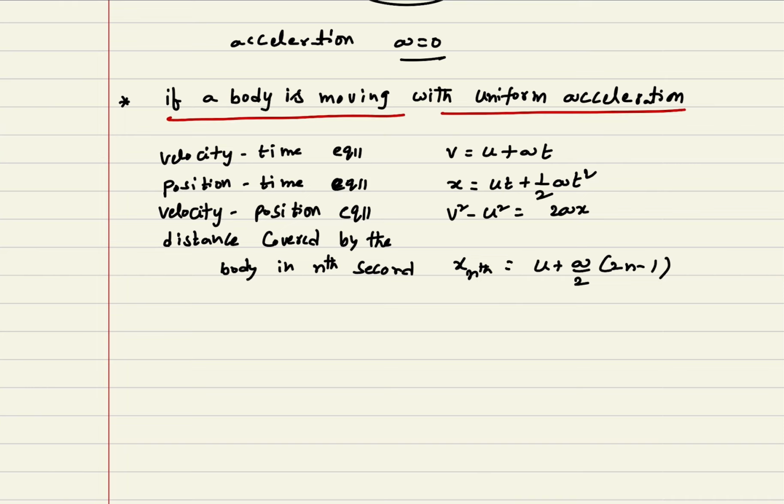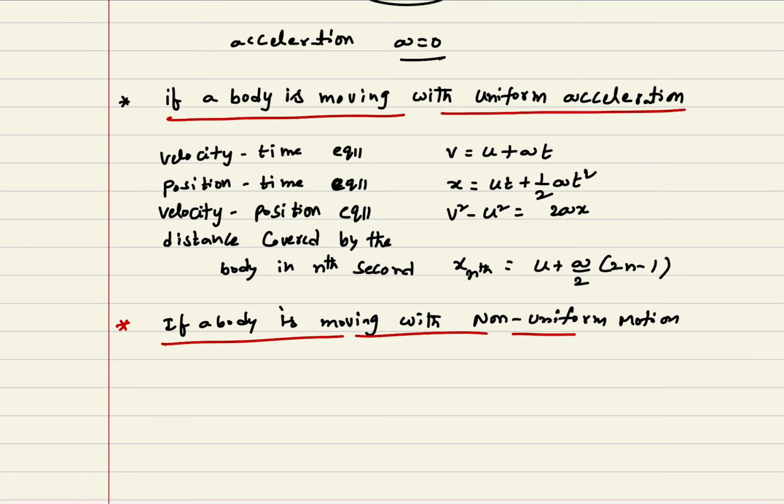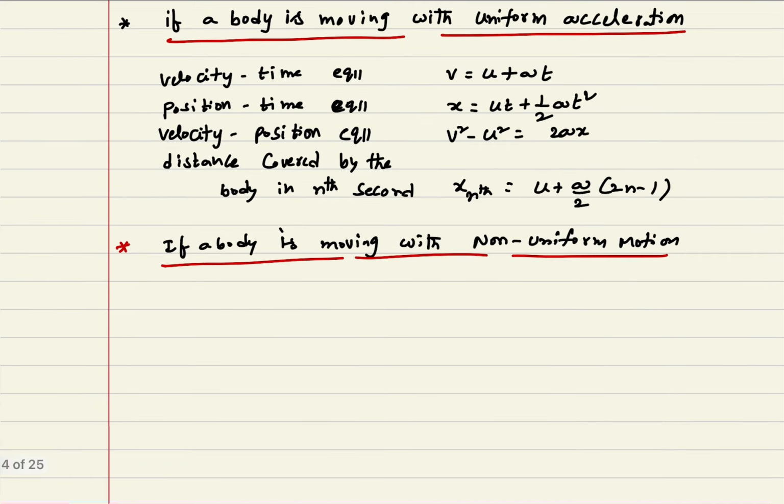These are the equations of motion when a body is moving with uniform acceleration. Next one, if a body is moving with non-uniform motion, you can use different relations as per the given question. I am writing now one by one.